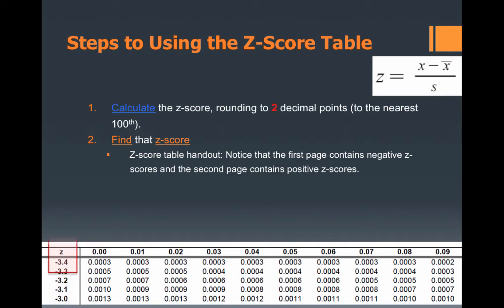And then if you look at the first row, this is your z-score, it's going to take it out to the hundredths place. So 0.00, 0.01, 0.02. The way we look at this is we use the first column and the first row to help us triangulate to find our probability.